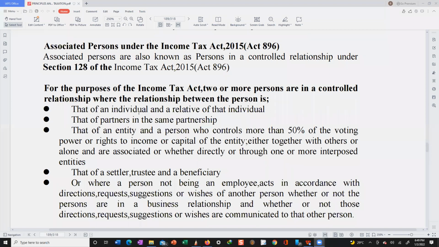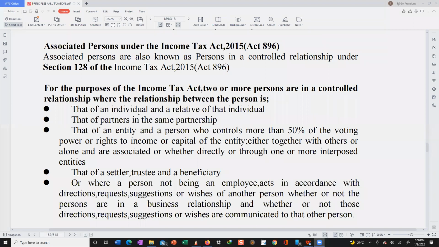They are only not in a controlled relationship when transactions between them can never be controlled, or the relative can sell to you directly as an independent person. But however, normally we deem relationships between individuals and their relatives as controlled relationships.